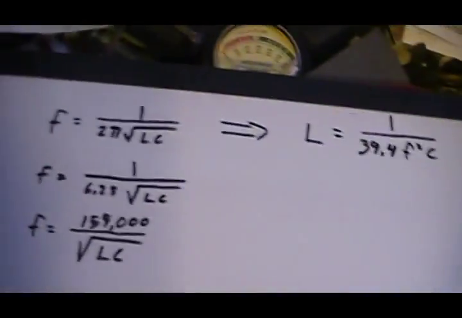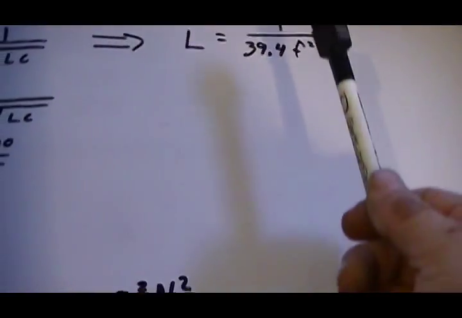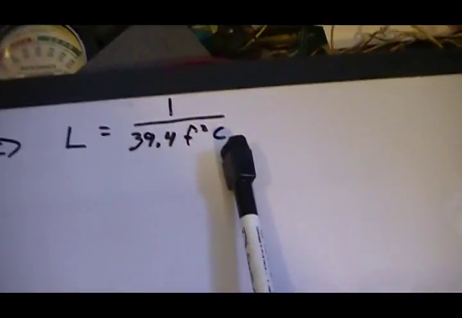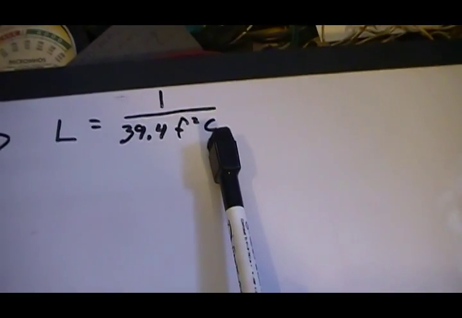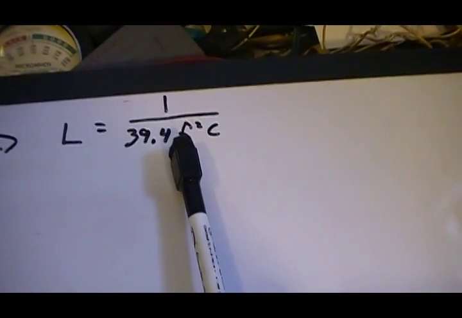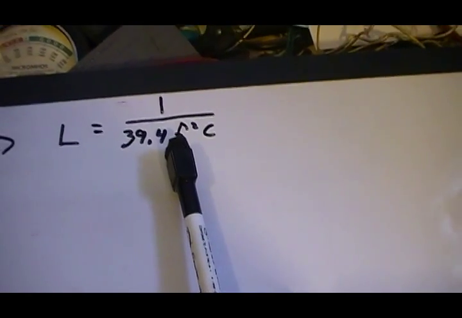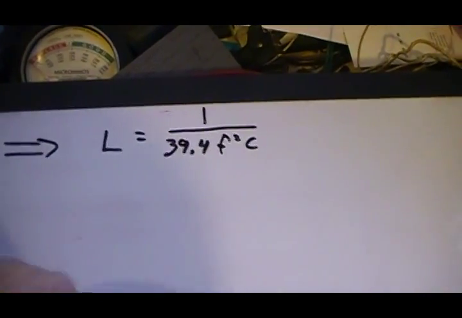Now you can do some math and wind your own, and I'll show you a formula for doing that. But you still need to find the value of the inductance. So you may know the capacitance, you've got a target frequency that you want to deal with, so you've got to get from here to here.